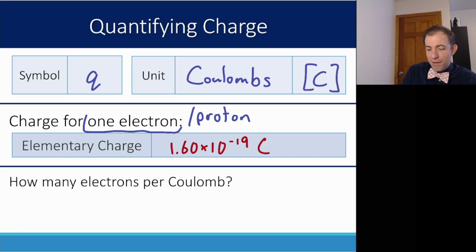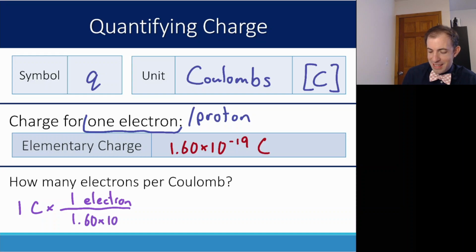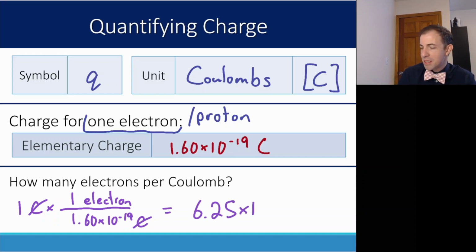That means we could figure out how many electrons there are in one single coulomb. If you started with 1 coulomb, you can just use this as a conversion factor. You know that every one electron will have 1.60 times 10 to the negative 19th coulombs. Coulombs will cancel, we'll end up with number of electrons, and that is 6.25 times 10 to the 18th electrons.